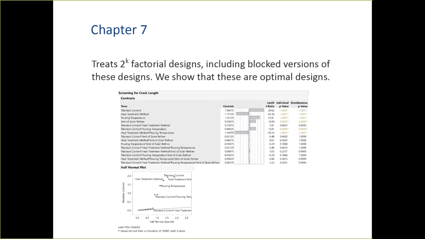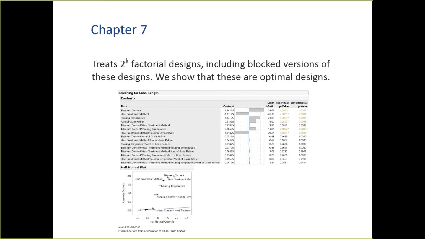They're the most efficient way to study a group of k factors. And we show how these designs work. We include blocked versions of these designs. We have some examples that talk about different scenarios. And we also show that these are optimal designs. And this turns out to be a really important idea.